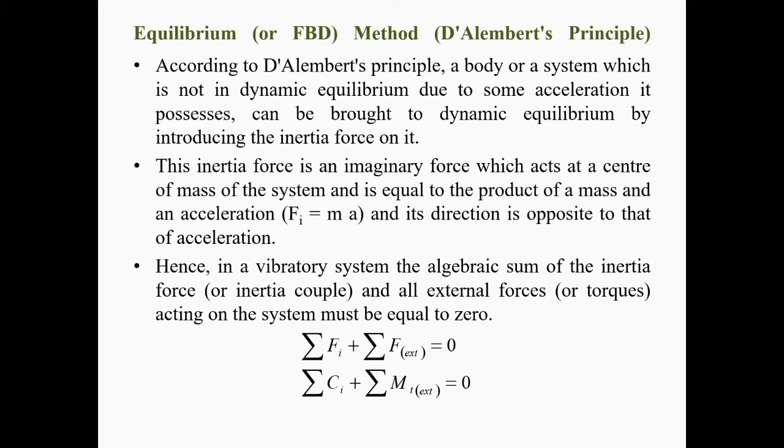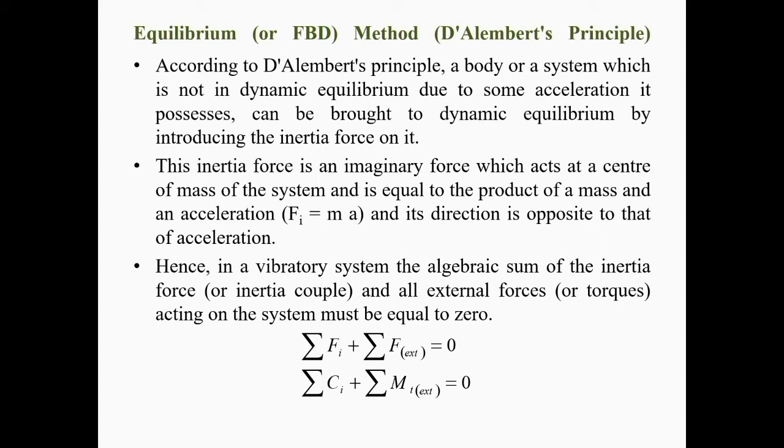So here we are also going to apply the same condition: total summation of force or total summation of torque should be 0. But here we need to consider the inertia force and inertia couple, or inertia torque. Then we can consider the system to be in static equilibrium or dynamic equilibrium.